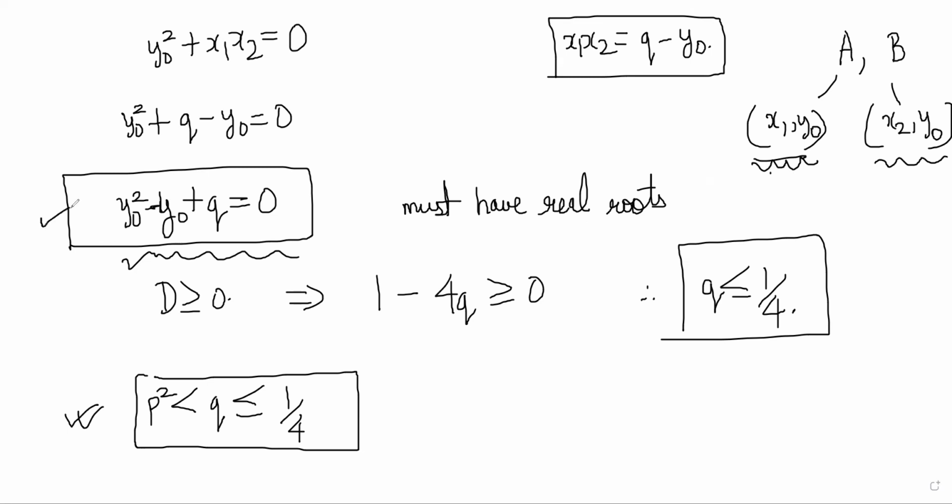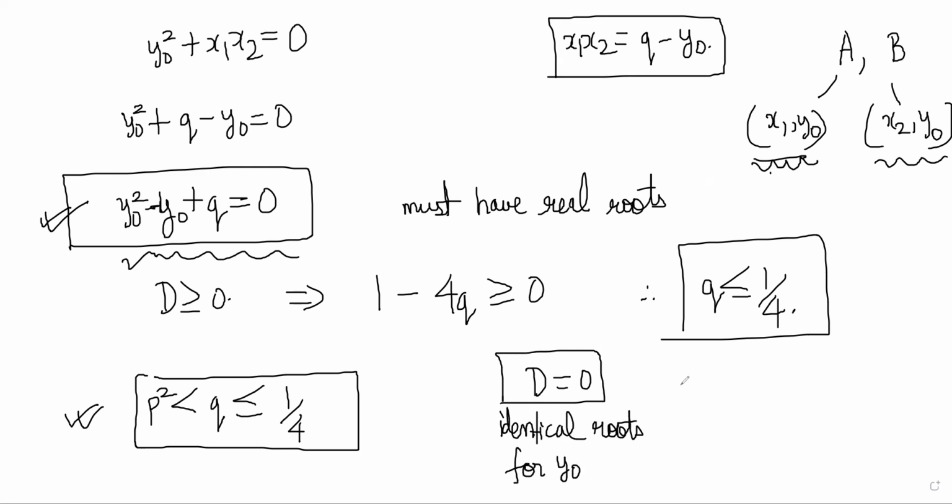You have to think here in this quadratic, if the discriminant is equal to 0, right, you will have identical roots for y0. Now if the discriminant is greater than 0, y0 could take multiple values, and if y0 has multiple values, then A and B have multiple locations possible. So it's not a unique solution, right?